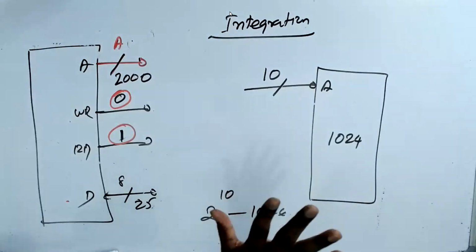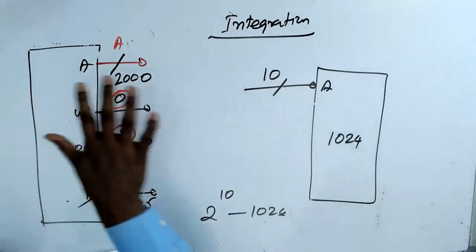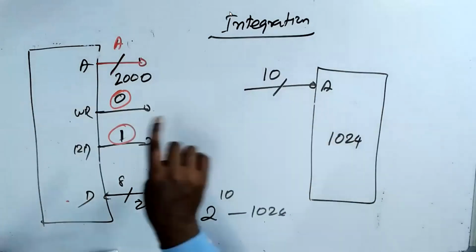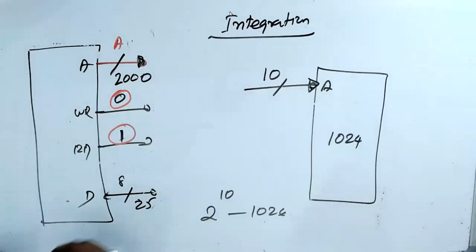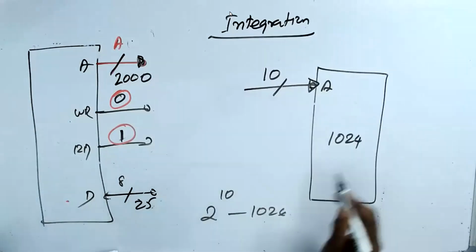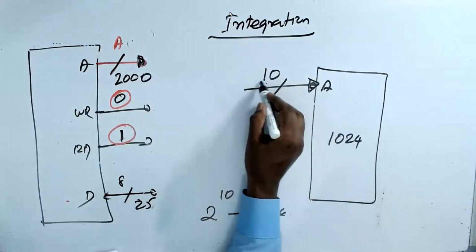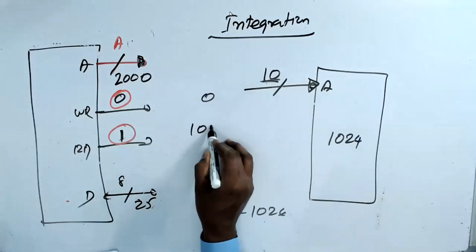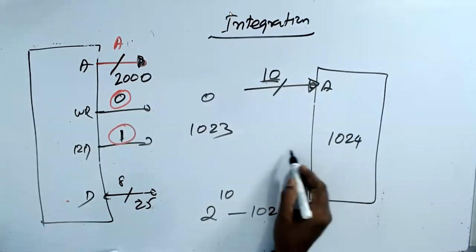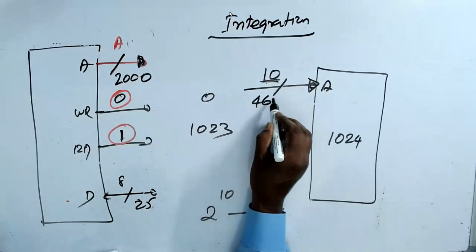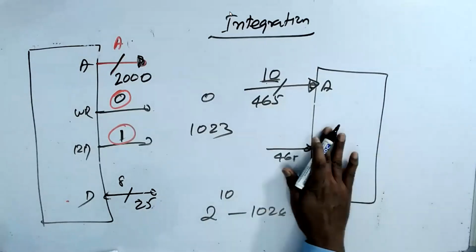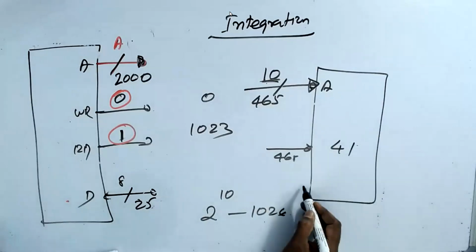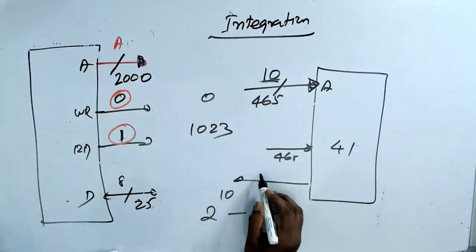Please understand, like a microprocessor, every memory has address lines. The microprocessor address line is out, the memory address line is in. With 10 wires you go from 0 to 1023. If you say 465, and at 465 I have data 41, that will come out on the data lines.